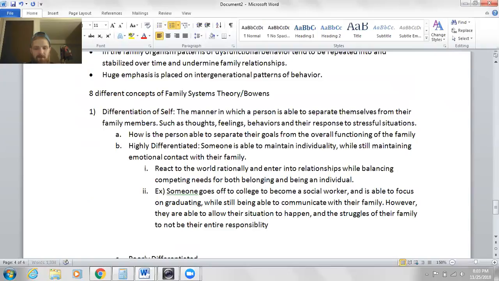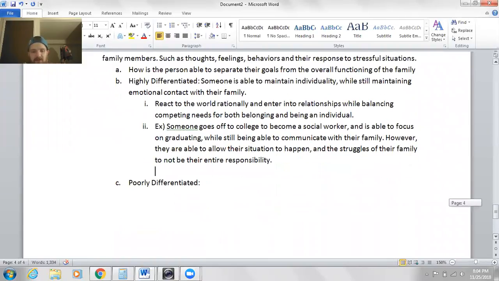Oftentimes you'll see people go off to college, and when any negative things happen with their family, they want to go back and rescue everyone. That would be poorly differentiated. Highly differentiated would be able to say, well, I can understand your situation, it's not where you'd like to be, however, I need to make sure that I'm safe before I am able to help everyone else.